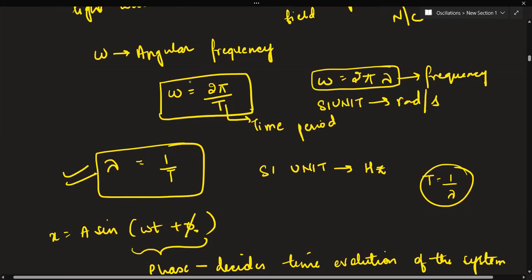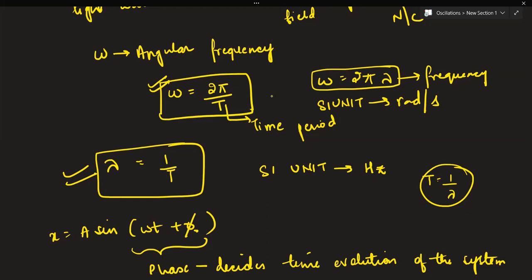So these are just the basic terms you are already aware of. Now, an elaboration of angular frequency: omega is 2 pi divided by T, and this T is the time period, the fixed interval in case of periodic motion. Frequency is inversely proportional to time period, the reciprocal of it, so we can say omega is 2 pi nu.